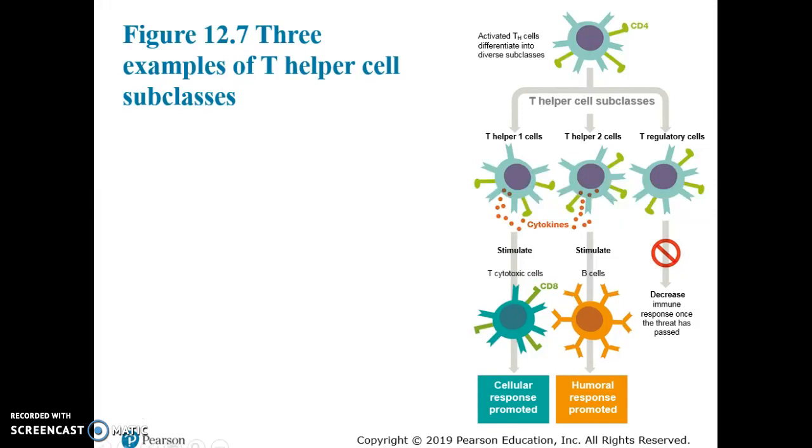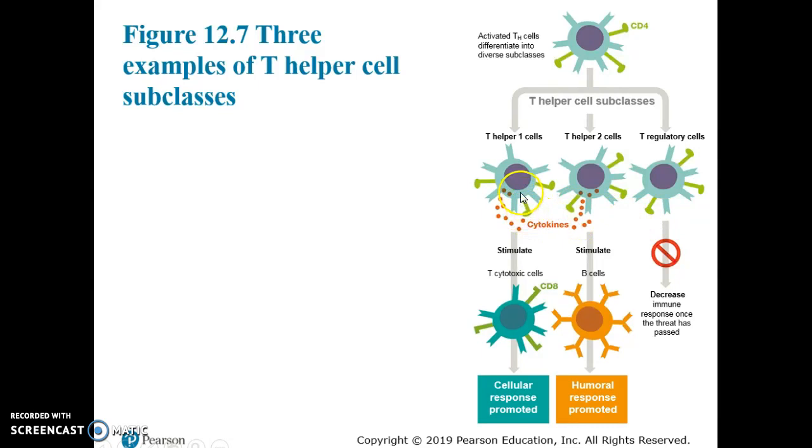All right, here you have the activated T helper cell, CD4 positive, and with the different cytokines that it is able to secrete, those can differentiate the T helper cells into 3 different types: T helper 1, T helper 2, and T regulatory cells. Now, why is there a difference? Well, the difference is the specific effector functions of these cells.